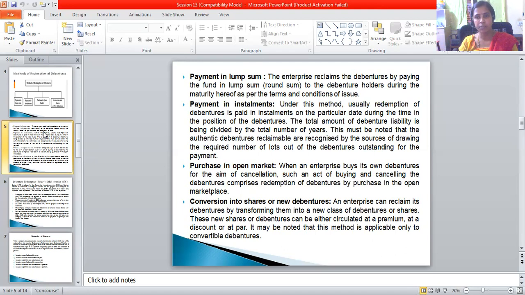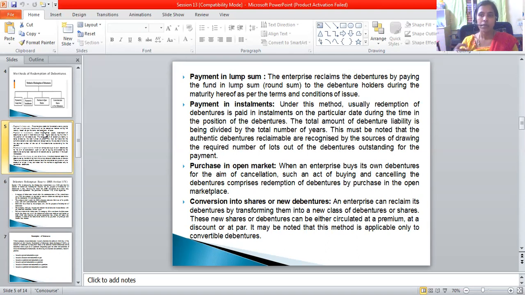It must be noted that the debentures to be redeemed are identified by drawing the required number of lots out of the debentures outstanding for payment. The next one is purchase in the open market, where you cancel the debentures by purchasing them in the open marketplace. Next is conversion into new shares or debentures.